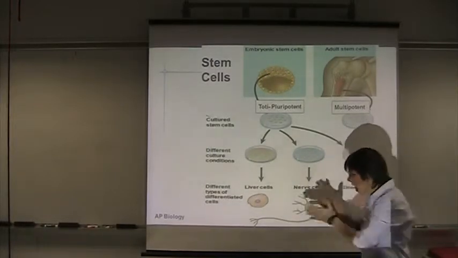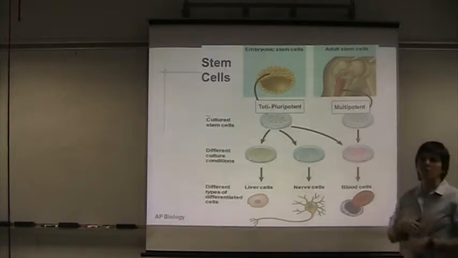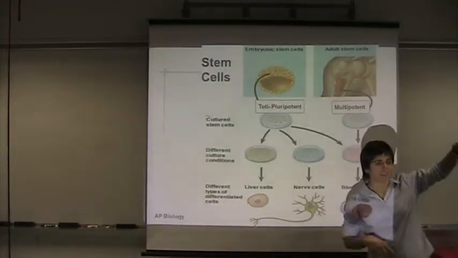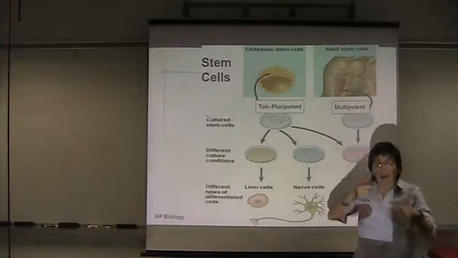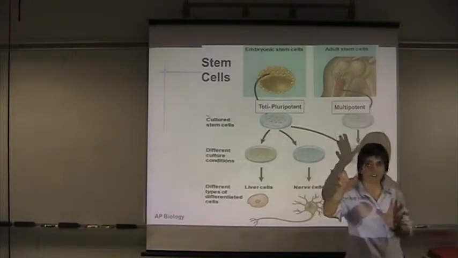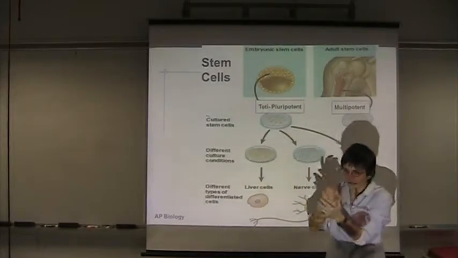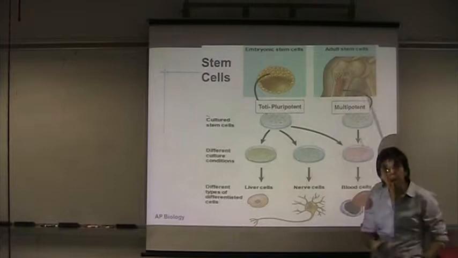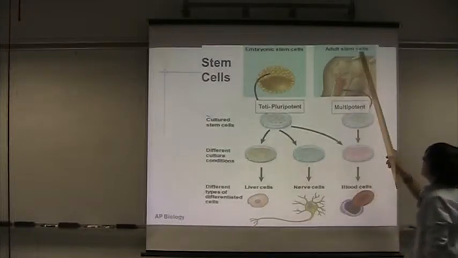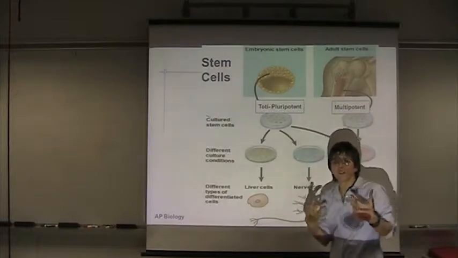Now, in our bodies, we have some stem cells, but we call them adult stem cells because they have the capacity to divide. They have their telomerase active, so their chromosomes never get shorter. That's an important consideration. But unfortunately, these adult stem cells already have most of their genes off.